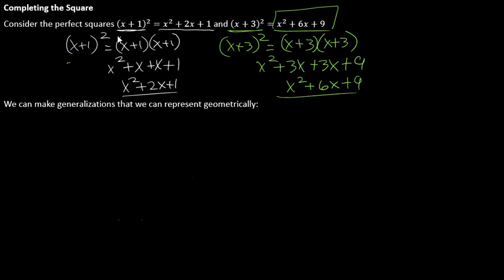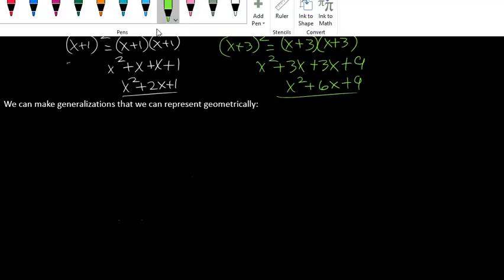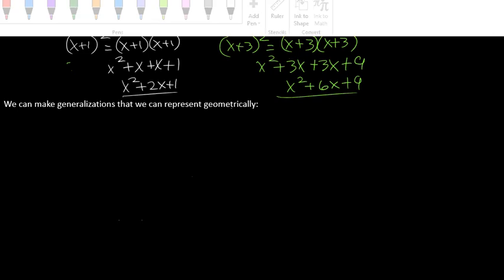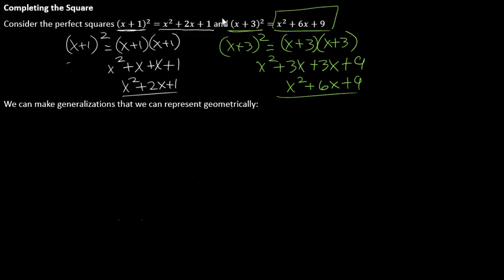Now, what does this all mean? Well, basically, when you have something that's a perfect square, it's going to look like this, right? So what you've got when you have x plus b squared, like this, you always end up with x squared plus 2bx plus b squared.